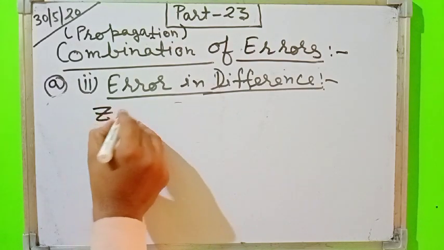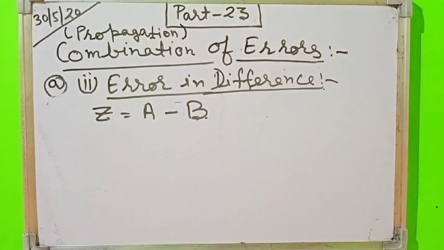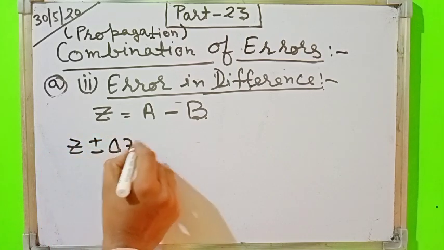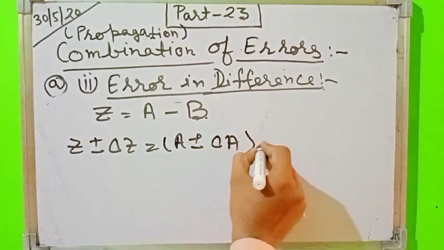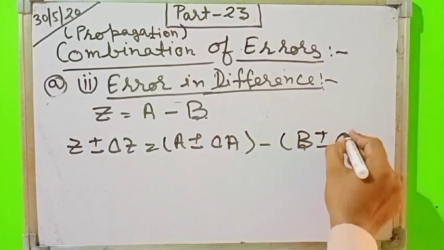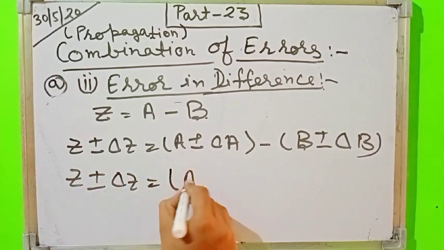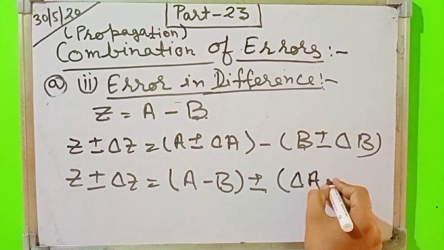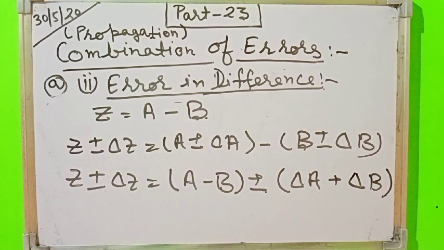If Z denotes the difference of two physical quantities, then Z plus minus delta Z, that is error in difference, is equal to A plus minus delta A minus B plus minus delta B, and it can be written as Z plus minus delta Z is equal to A minus B plus minus delta A plus delta B.